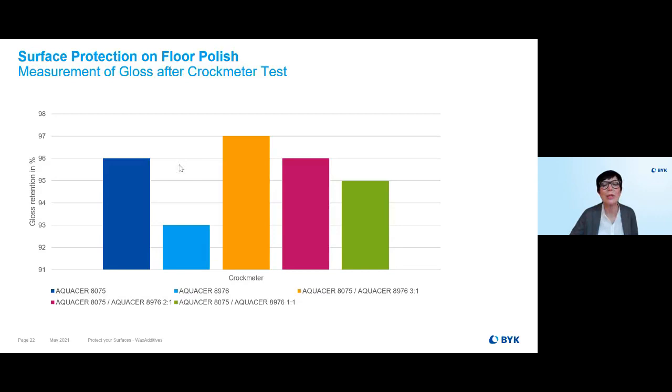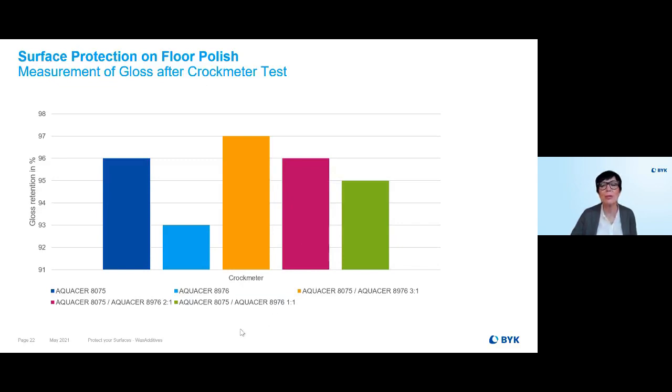And what you see here as well, that the mixture of both gives you the best surface protection in a floor polish. So these are the standard products which we recommend in floor polishes, and I'm pretty sure that you are using polyethylene and polypropylene wax in the systems too.